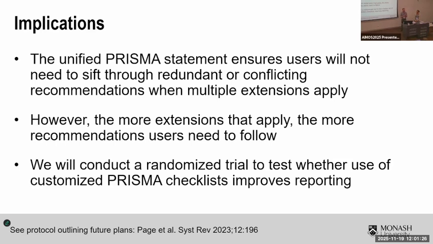Yeah, I think the rationale actually came about because of a concern that people weren't using the extensions. When Prisma 2020 came out, I would hear lots of people saying, oh, great, we don't need to use Prisma IPD anymore. We don't need to use NMA anymore because there's a new Prisma. So I'm getting a lot of citations for Prisma 2020, which is great for me, but it's not great for all the extension teams who've done all this great work. I think people are just ignoring that information. In terms of the Wild West, I'm not sure.